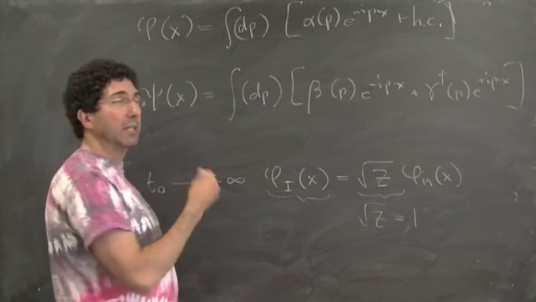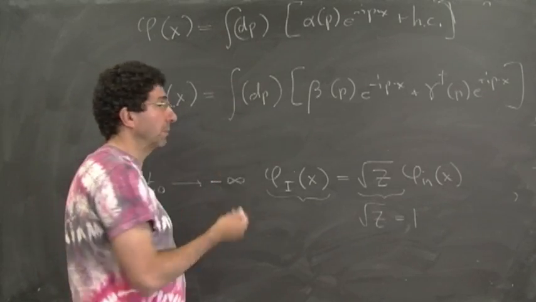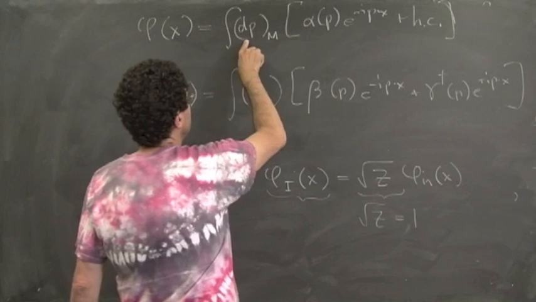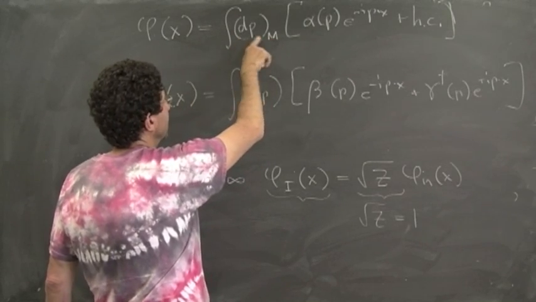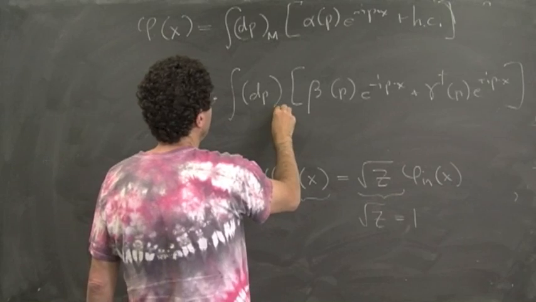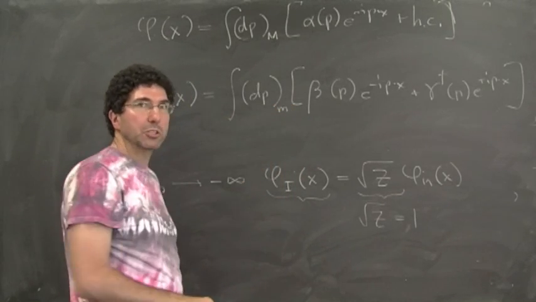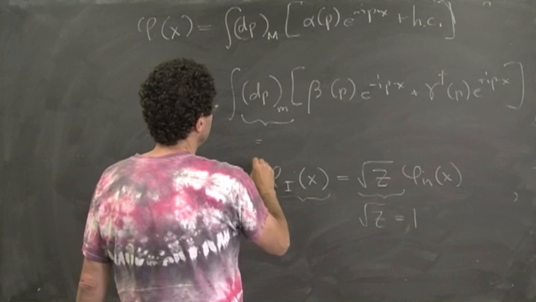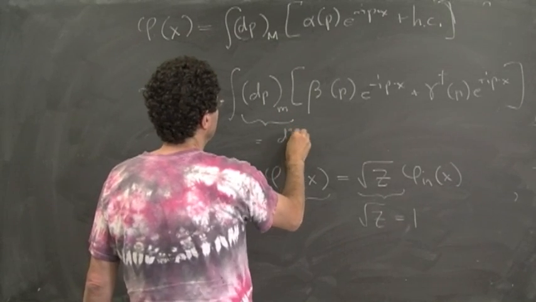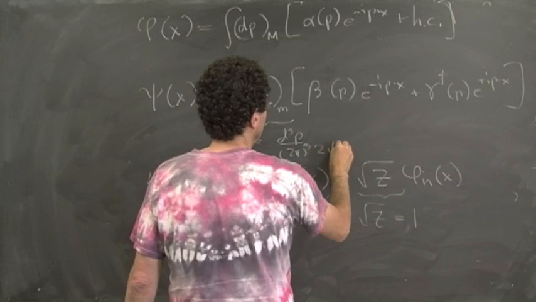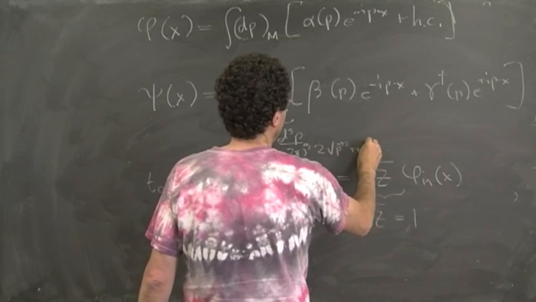Also, we have to remember that these 2 different particles have different mass. To remind myself of that, this integral right here goes over the mass shell for the mesons, which have mass capital M. This is an integral over the mass shell of the nucleons, which have mass little m. Remember what this means. This shorthand here is d cubed p over 2 pi cubed, and then I have this factor of 2 square root of p squared plus m squared.